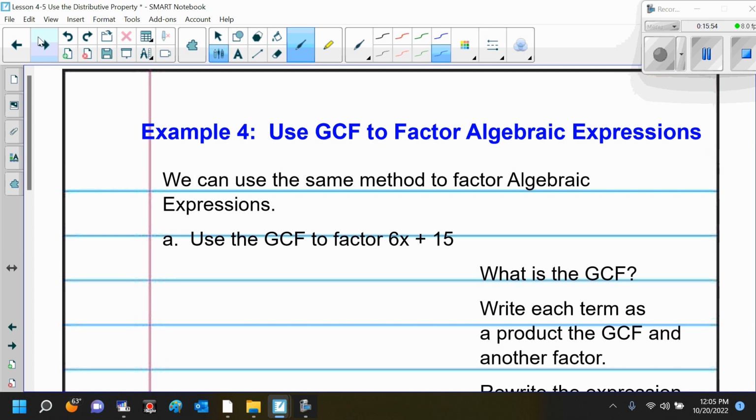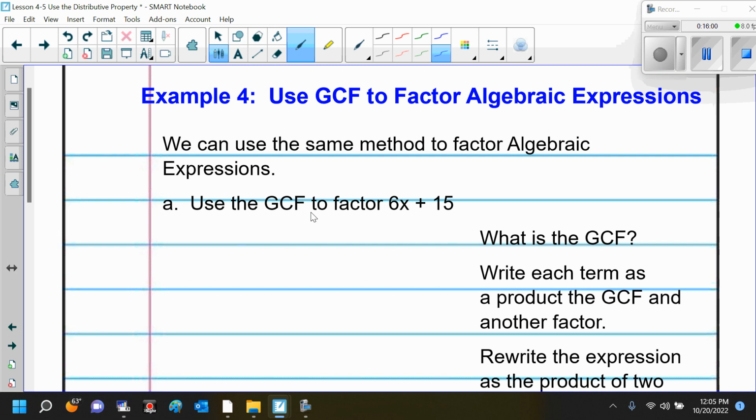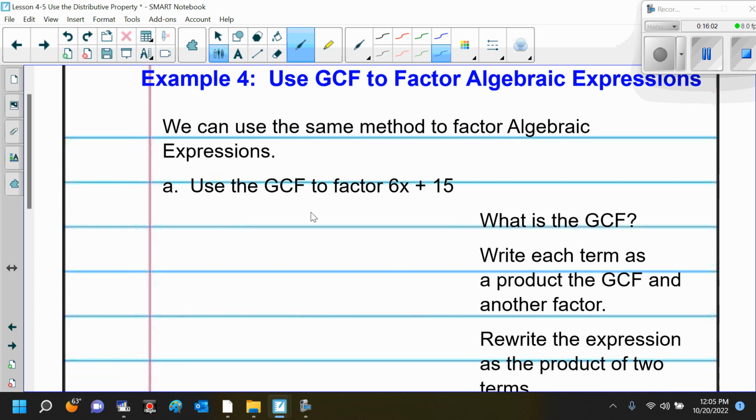So now we can use the greatest common factor to factor algebraic expressions. And we use the same method. Okay? Make sure you write your heading. All right, so here we want to use the greatest common factor to factor 6x plus 15. Okay? So we've got 6x plus 15.